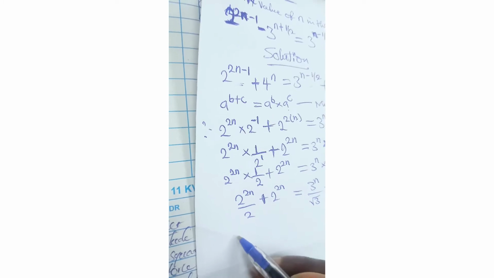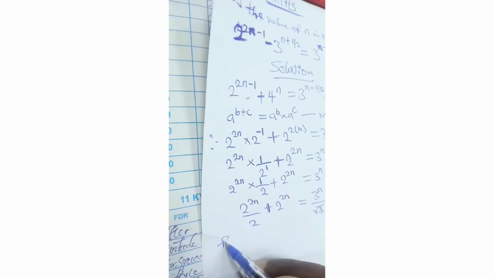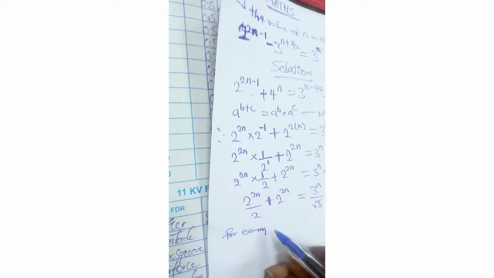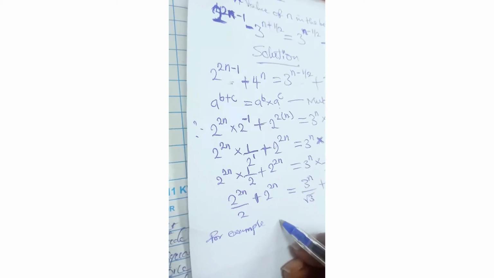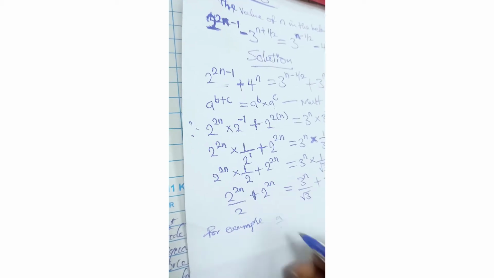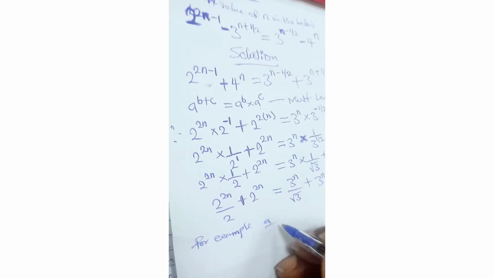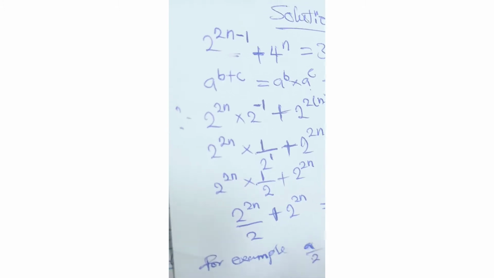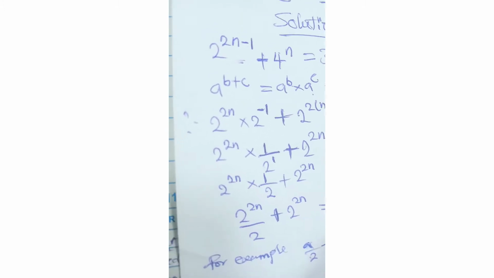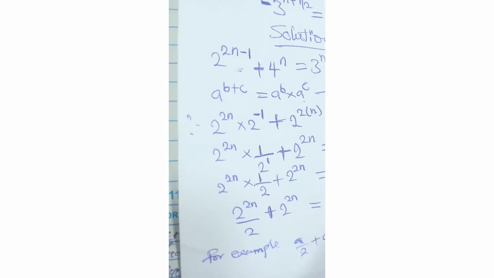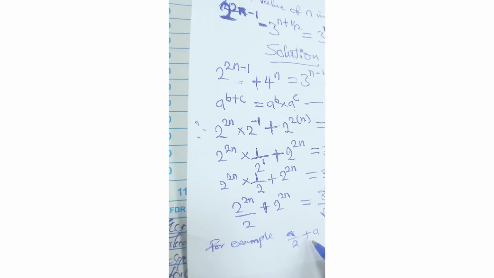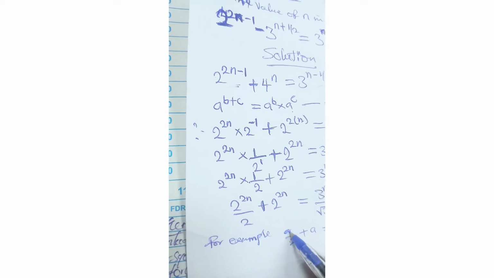If you have something of this nature, for example, a over 2 plus a, it is the same thing as saying a is here, a is here.